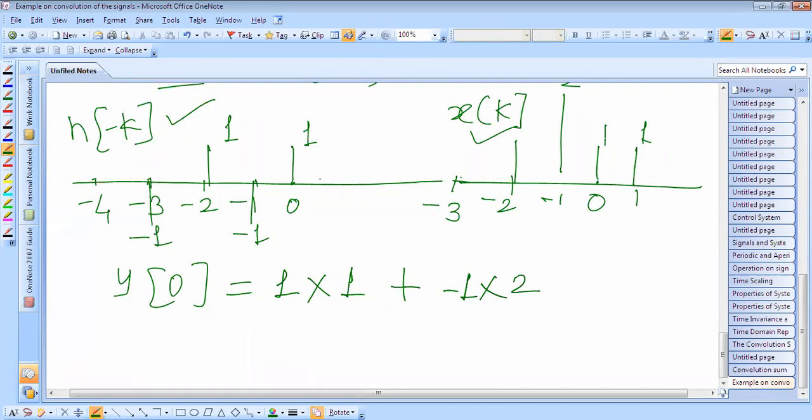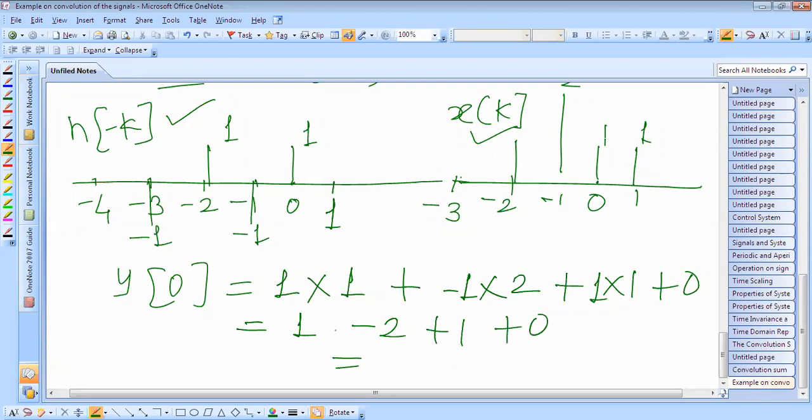Okay, at 0 it is 1, plus this 1 into 1, plus now at 1 there is no impulse response, even though the input signal is there, but this 1 into 0 is again 0. So this 1 into 1 is 1, -1 into 2 is -2, plus 1 plus 0. So what will be the value? This is 0. So y of 0 output will be 0 when n is equal to 0.